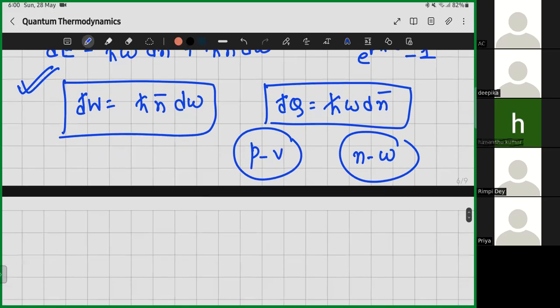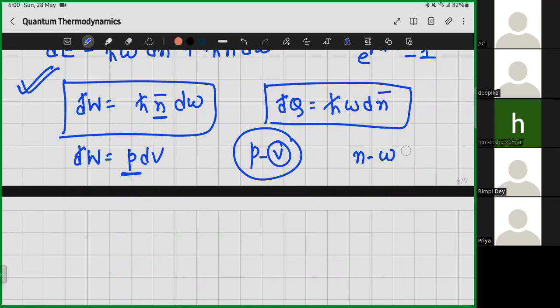We can see for the classical case that the heat is just P dV, so P corresponds to n bar here, and in d cross Q the volume changes, so V appears there, and here the omega is there.